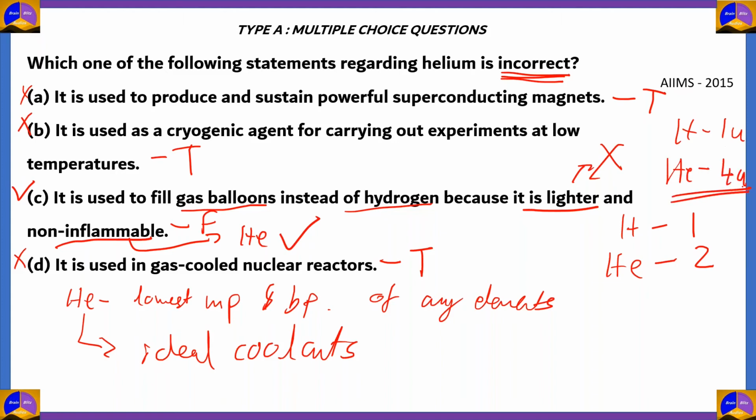So helium is actually heavier than hydrogen. The reason why it is used in gas balloons is because of its non-inflammability. So this statement is incorrect because of the phrase 'because it is lighter', where in fact it is not lighter than hydrogen. So option C is the only statement here about helium which is incorrect.